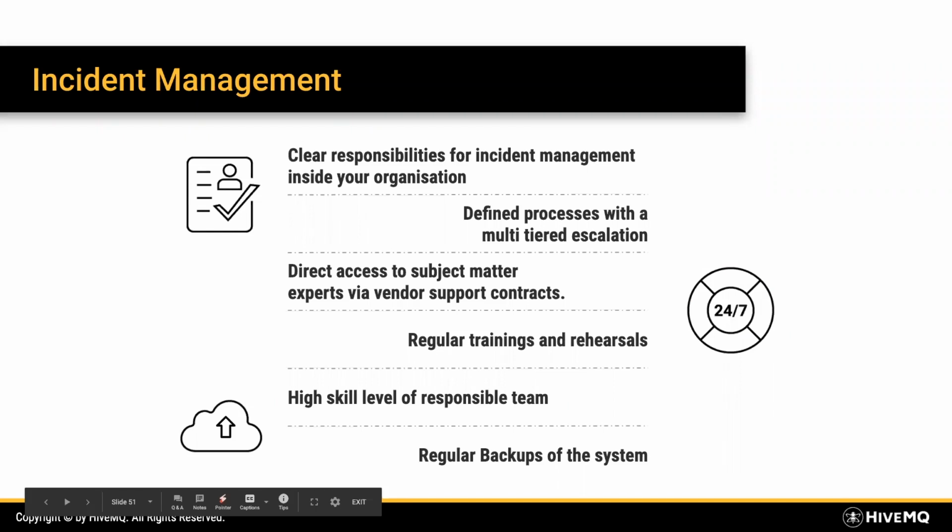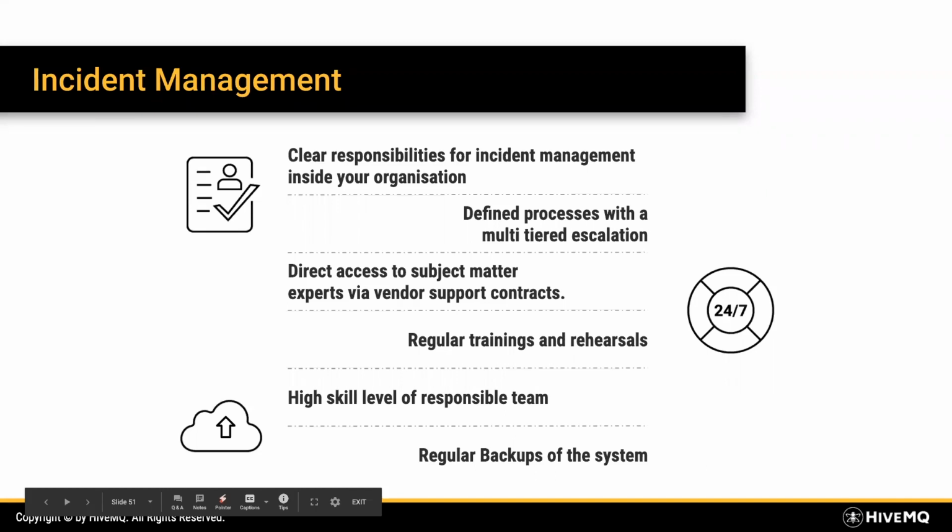You need to have a defined process with a multi-tiered escalation. So perhaps a small incident only calls a deployment engineer. A larger incident might call a team lead, and the largest incident perhaps might even call a C-level executive. You need to have direct access to subject matter experts or vendor support contracts.